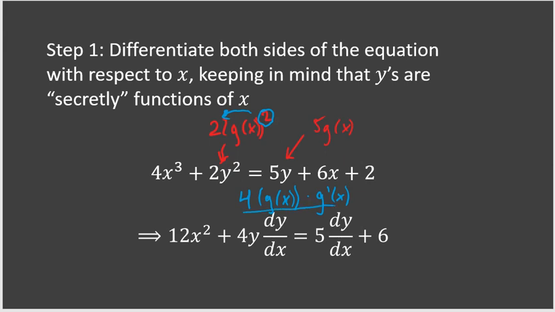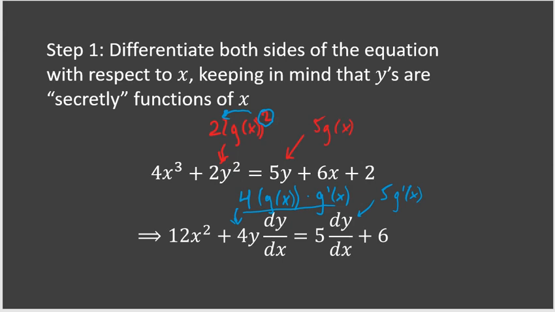So all this stuff corresponds to that term there, and then this term here is our 5 times g prime of x. And then plus the derivative of 6x, again, nice and basic, it's just 6, and then the derivative of a constant is 0. Now, I wrote 4y times dy over dx on the left-hand side, and then 5 times dy over dx on the right-hand side.